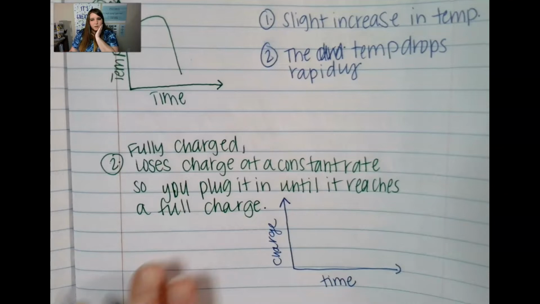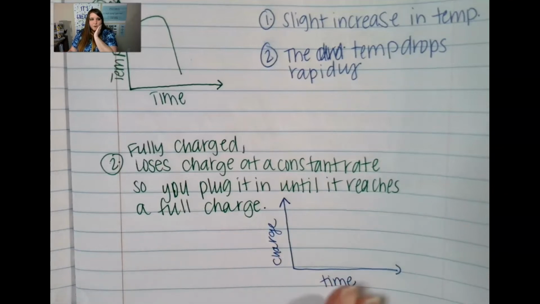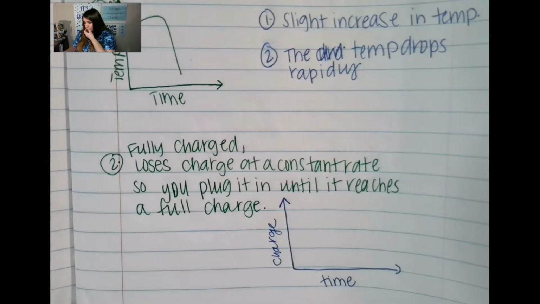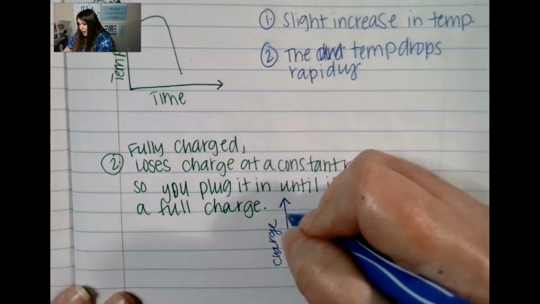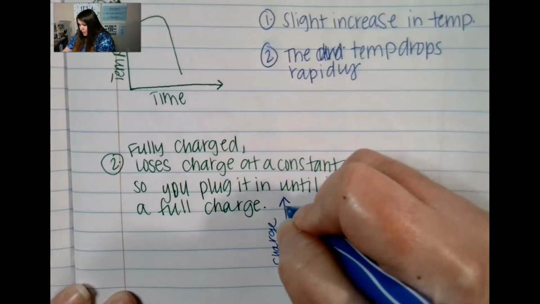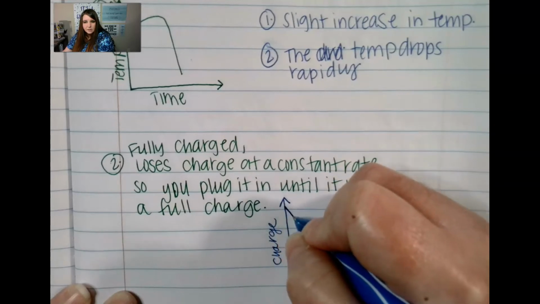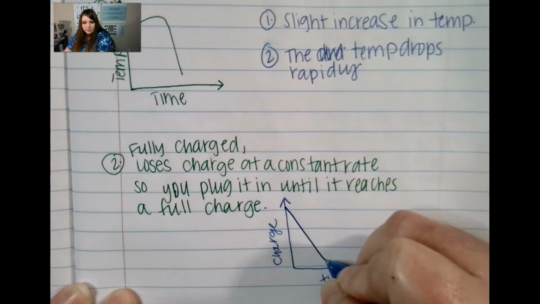So how much battery percentage we have versus how much time we have on the battery. Okay, so we start out charged, and then we have a loss at a constant rate.